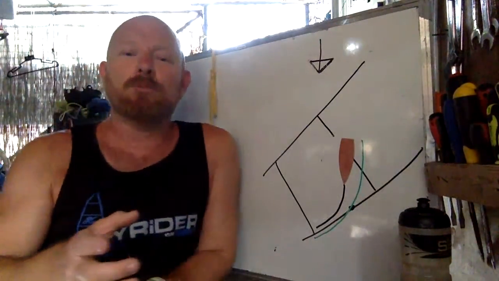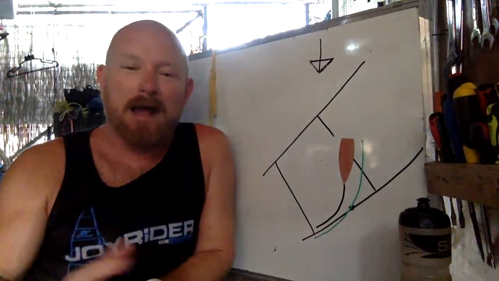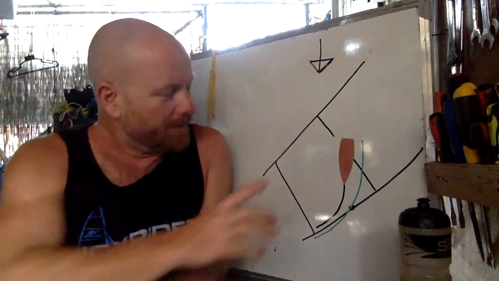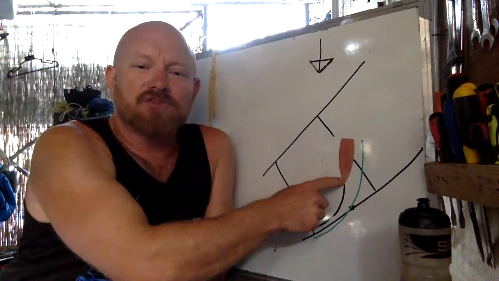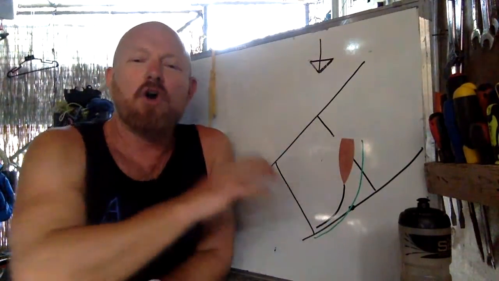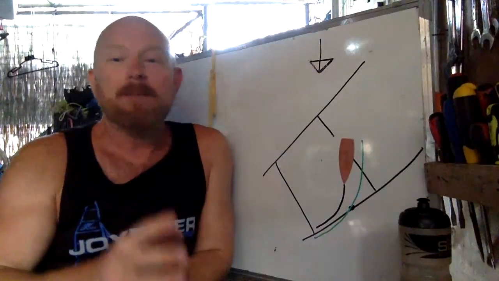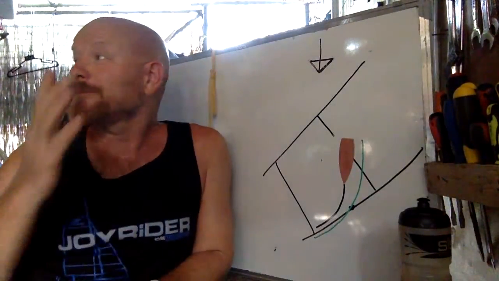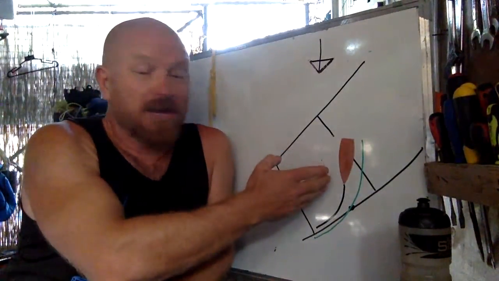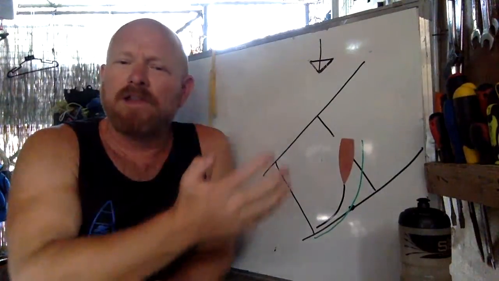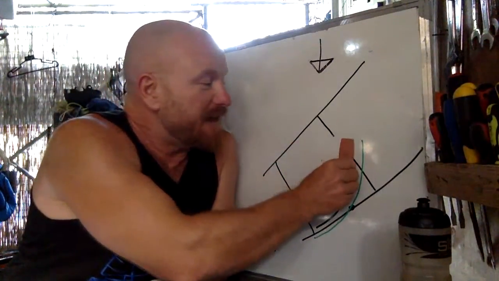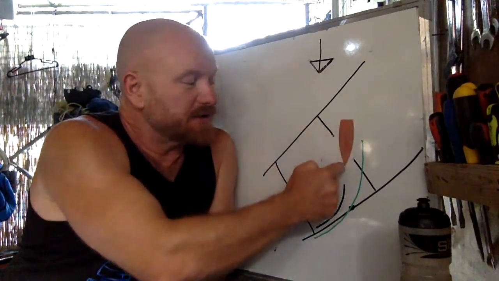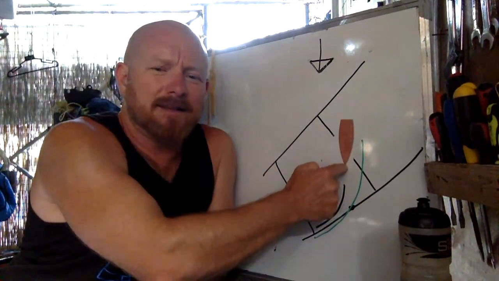So I'm going to talk about how I do it, and then I'm going to talk about how other people do it. So how I do it is I sail with the mast rotation in that position all of the time, because for me, all the logic points towards this being the best position. Because the mast directs the battens.